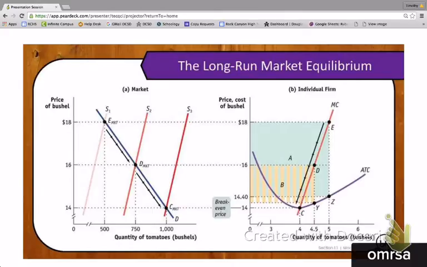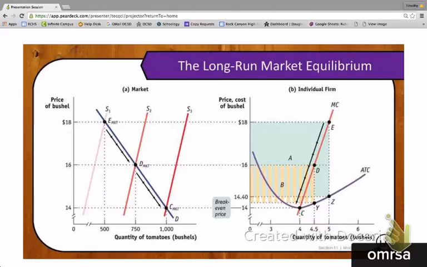But it's still making economic profits, but its economic profits have now fallen to the area shaded as B. The point from point D to point Y is now the individual price per unit, a quantity of 4.5 tomatoes.